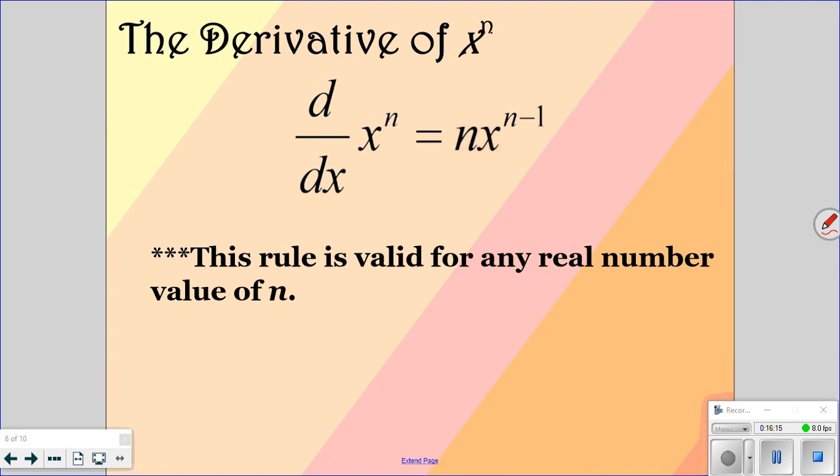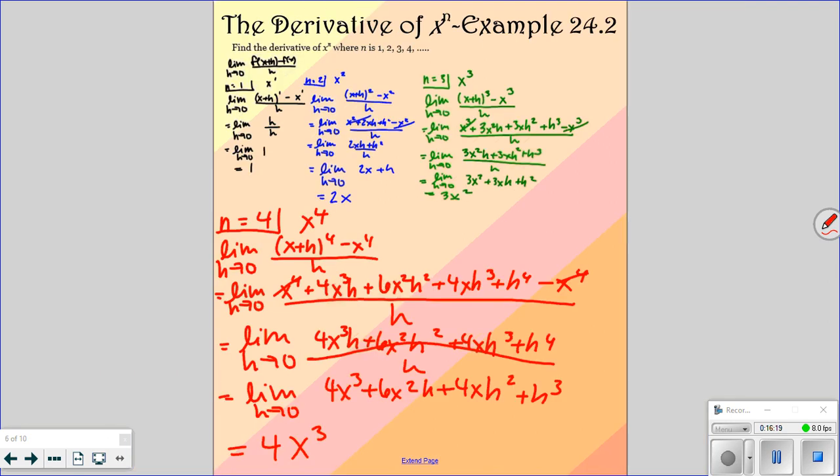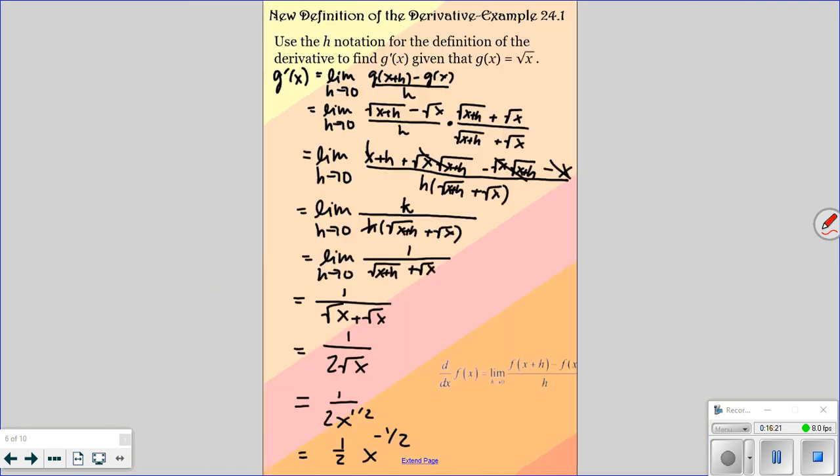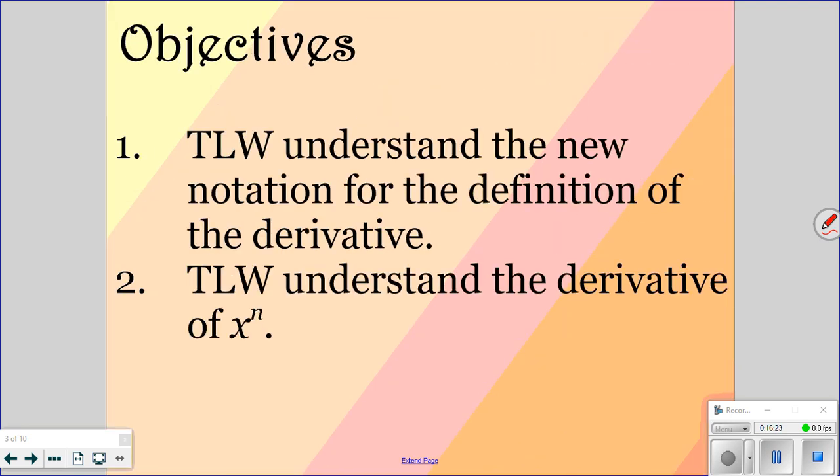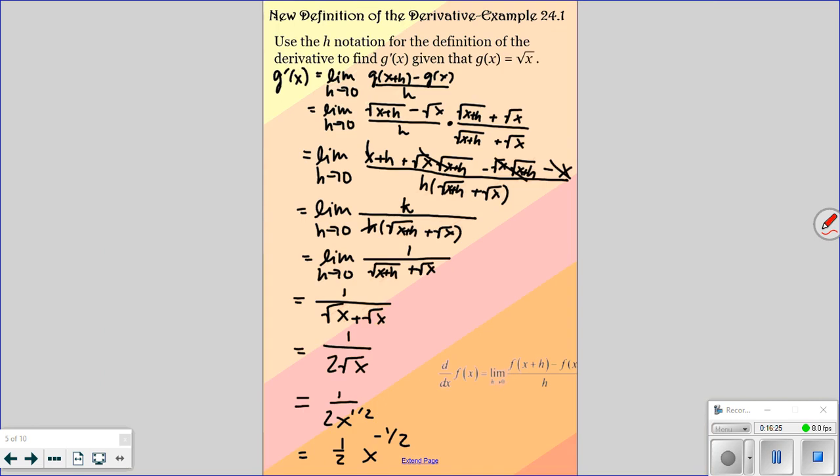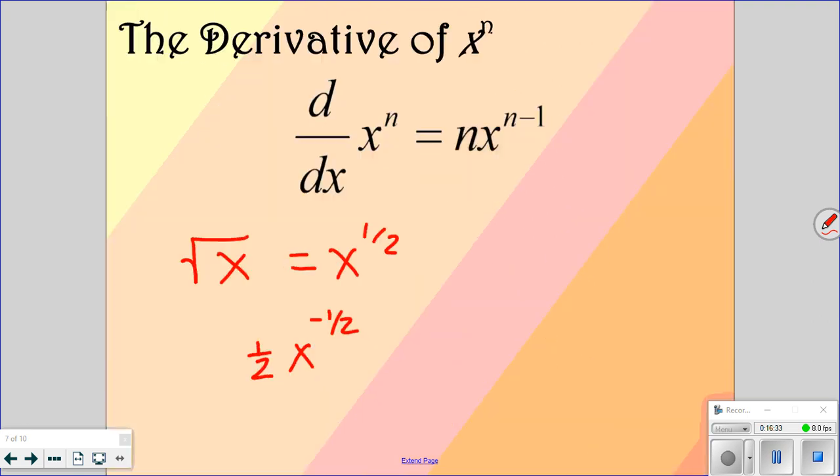However, if it says use the definition of the derivative, then you're going to need to work it out like we did on this one, or like we did on this one, okay? So if it says use the definition of the derivative, that means you have to show all of your work. Now you can check it using this formula, but if it says use the definition of the derivative, then you need to have all of your work shown.